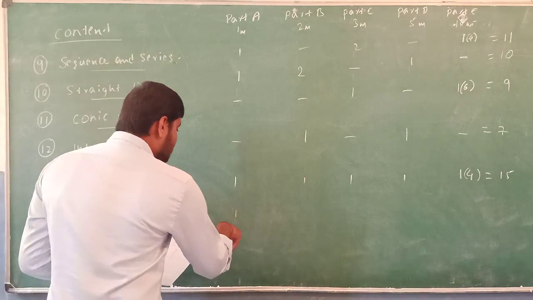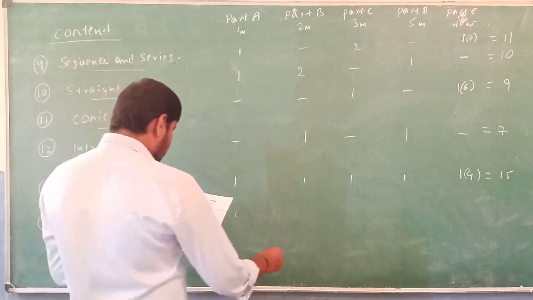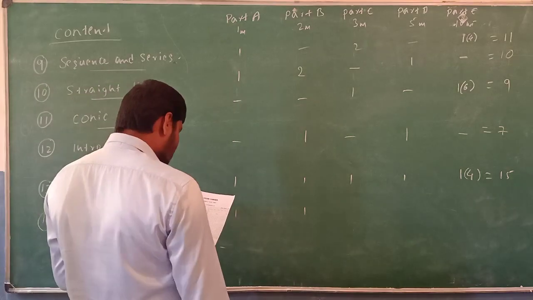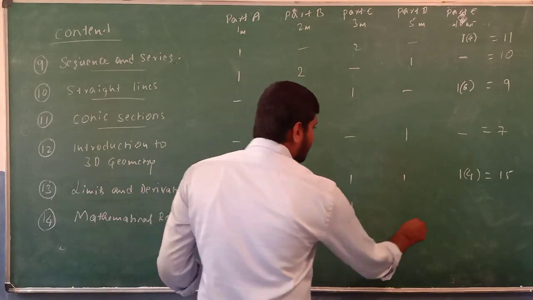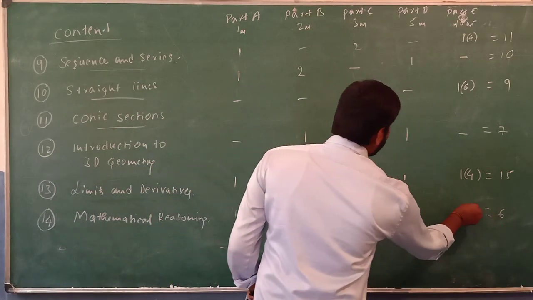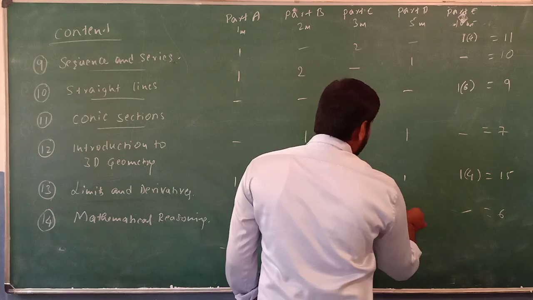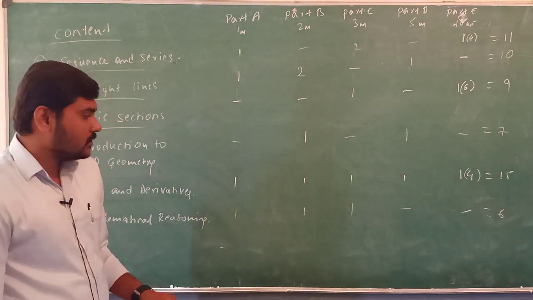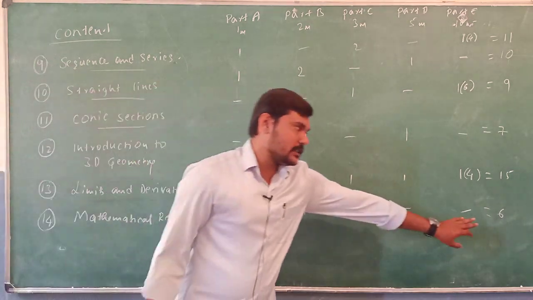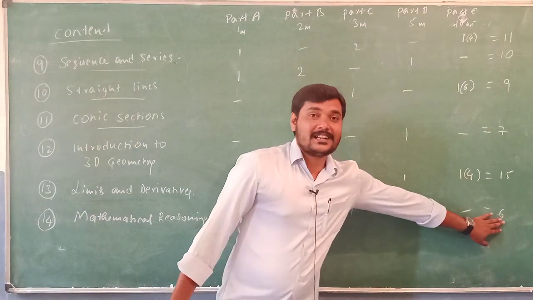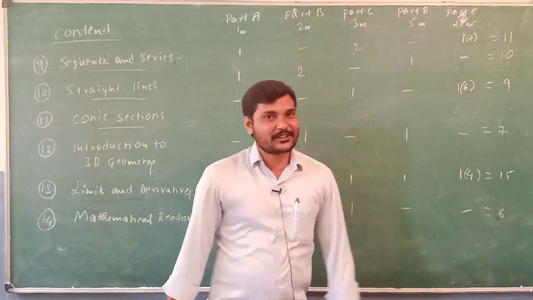That's 1 mark 1 question, and we have 2 marks 1 question, again 3 marks 1 question. The total number of marks is 6 marks. There will be no 5 marks, no 10 marks question here. So we have 6 marks. These 6 marks are free hit marks, according to cricket.